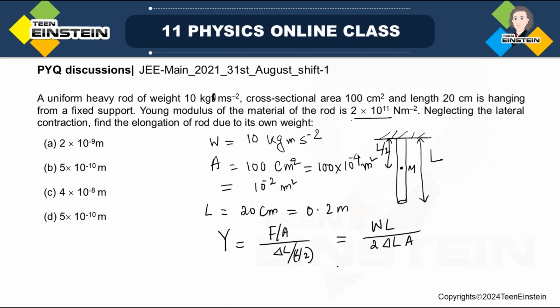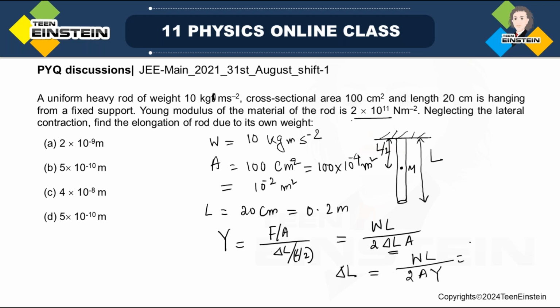Now I have to find out what is this delta L. Delta L will be weight into length divided by 2 into area into the Young modulus. Now it is very simple.